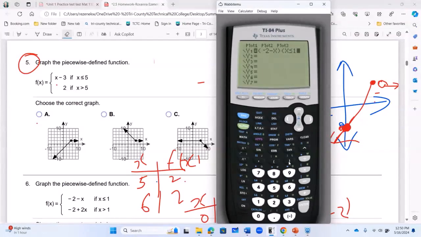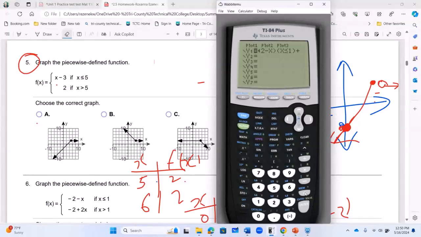Then close the parentheses. And you're not done yet because there are 2 pieces. If there are 3 pieces, you have to put in all the pieces. If the inequality is a compound inequality, you have to put all of them in. Okay, so the next thing I want to do is to add and put in the second piece.